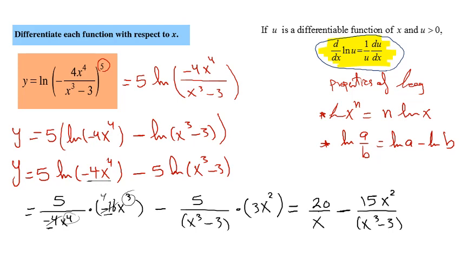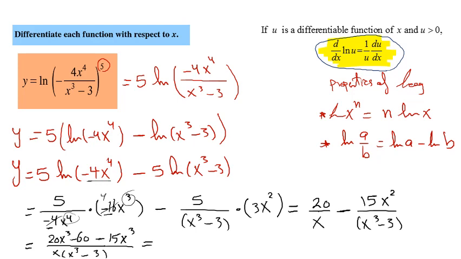And this can be simplified more by using the same denominator. So it's x multiplied by x power 3 minus 3, and 20 times x power 3 is 20x power 3 minus 60, minus 15 times x is 15x power 3.